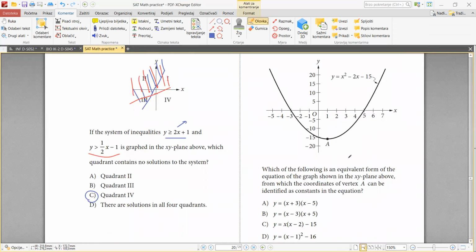And now question number 30. Which of the following is an equivalent form of the equation of the graph shown in the xy plane above, from which the coordinates of vertex A can be identified as constants in the equation? So vertex A should have coordinates of 1 and minus 16.